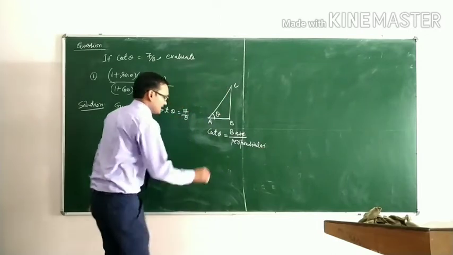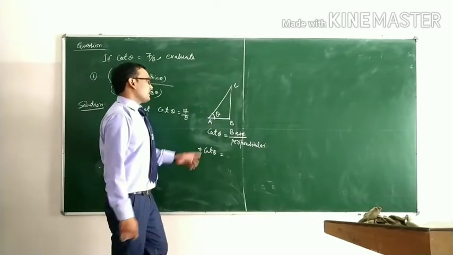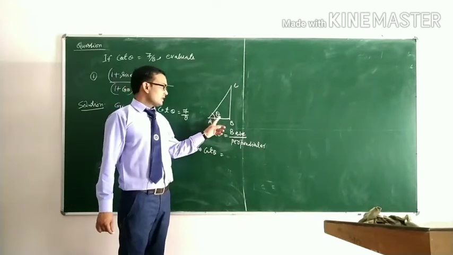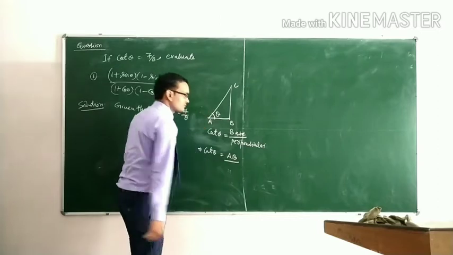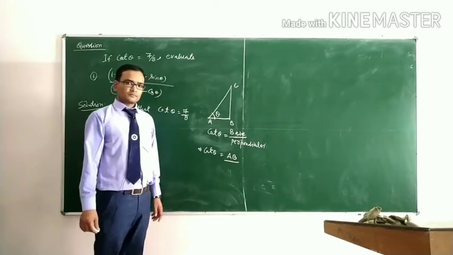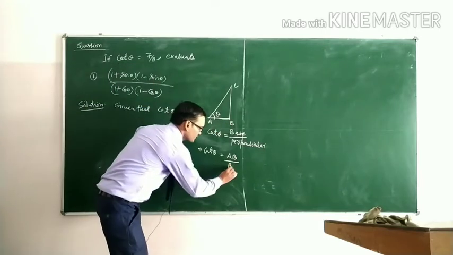For angle theta, the base is AB and the perpendicular side is BC.